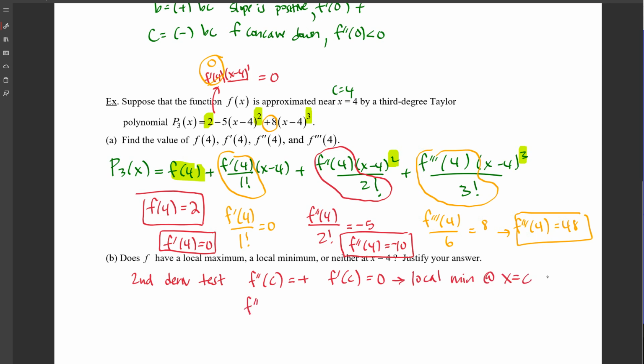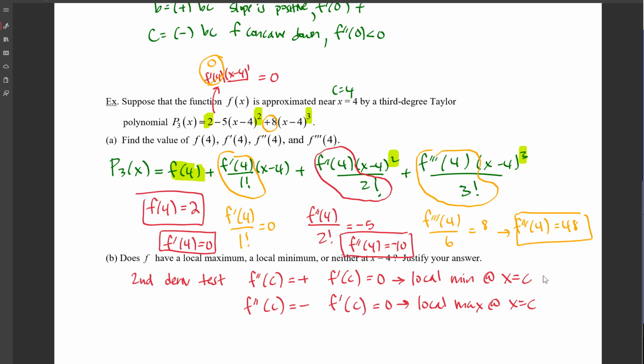And if the second derivative at c is negative and the first derivative at that same point c is 0, then we have a local maximum at x equals c.